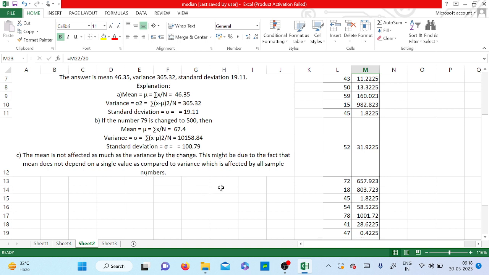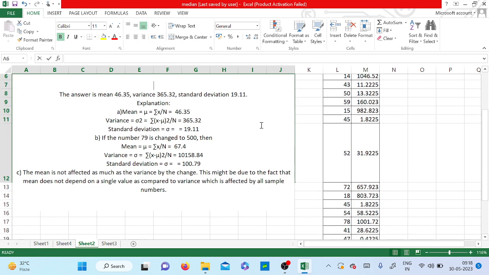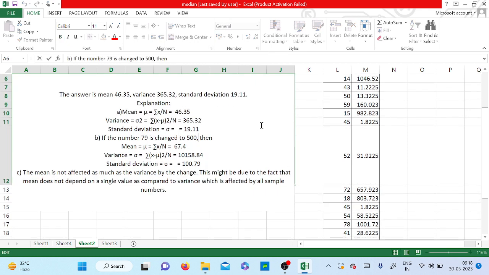Now there is another question. The biggest value among the given values is 79. If I change 79 to 500, then what will be the result?